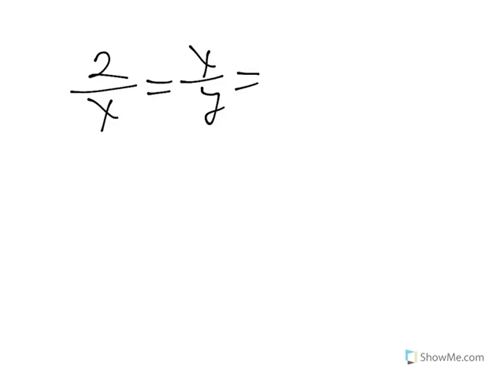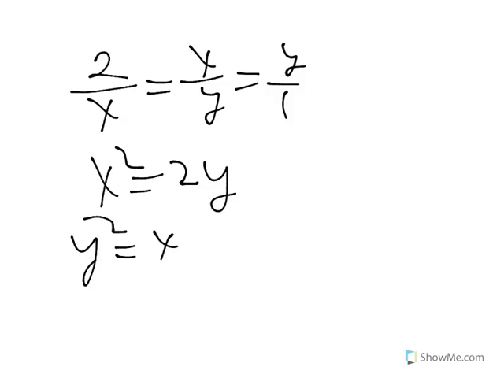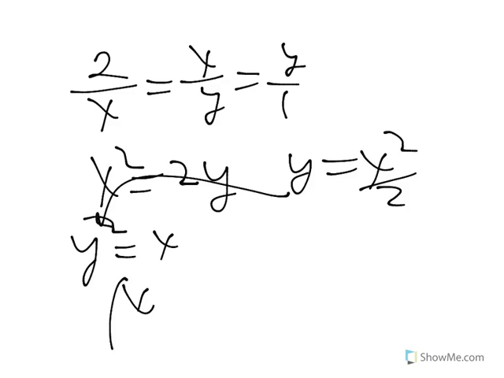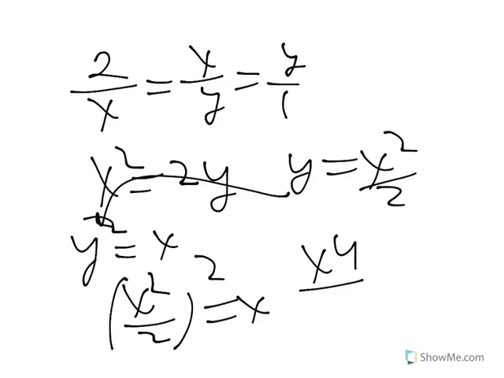Now, if I'm trying to find two mean proportionals between 2 and 1, I get x squared equals 2y, and y squared equals x. Hold on a second.